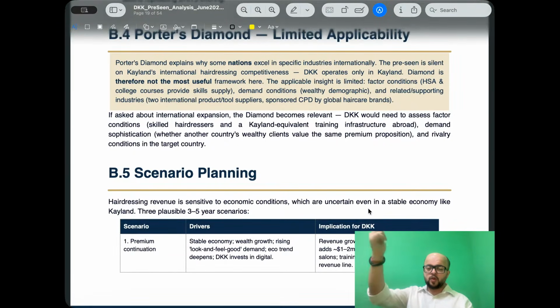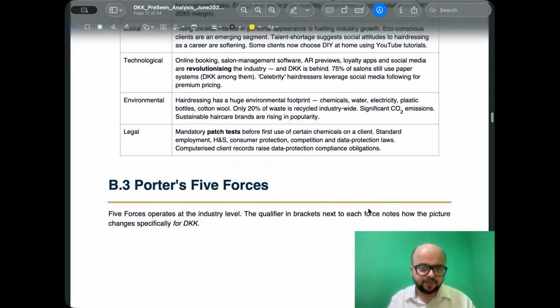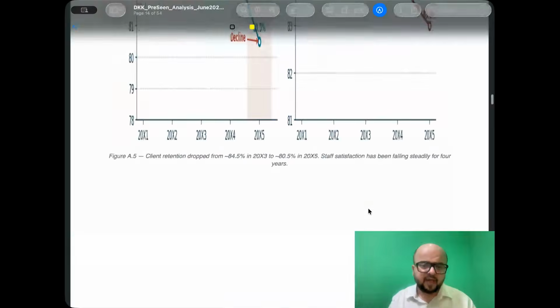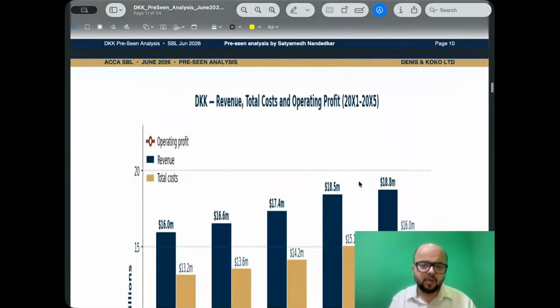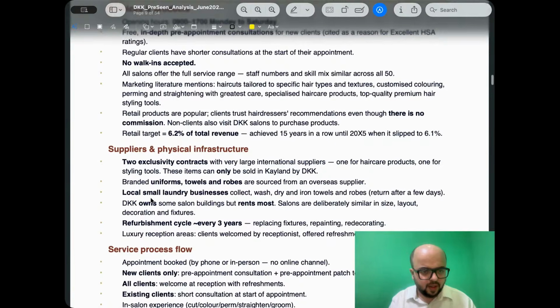By the way, we saw this above when we were analyzing the pre-scene and talking about single vendor dependence. Here we saw two exclusivity contracts, one for hair care products, one for styling tools. These items can only be sold in Kaeland by DKK. So Kaeland has a special type of contract with two different international suppliers.